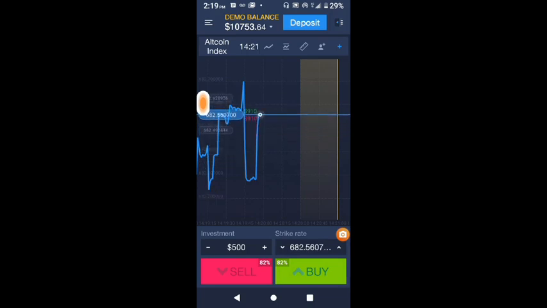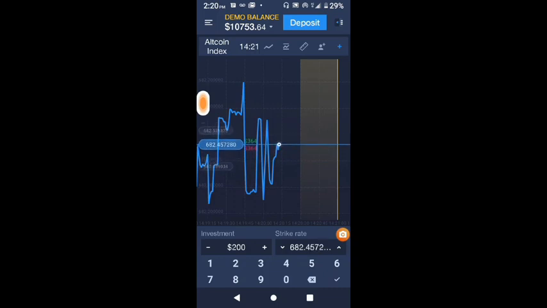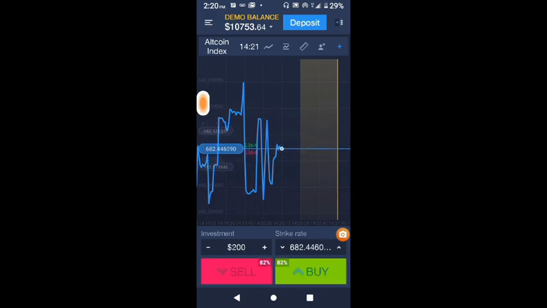I want to trade just $200, so I X out the 500 and put $200 for this trade, and I press the tick, which accepts it.